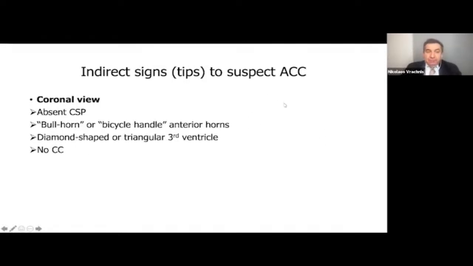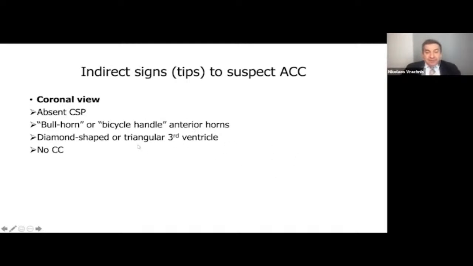If we move now, because there is an absent CSP, to the coronal view, then we may have bullhorn or bicycle handle anterior horns, like the child that is holding a bicycle, the horns are at a distance compared to the central line, and this gives the impression of a bicycle handle or bullhorn.